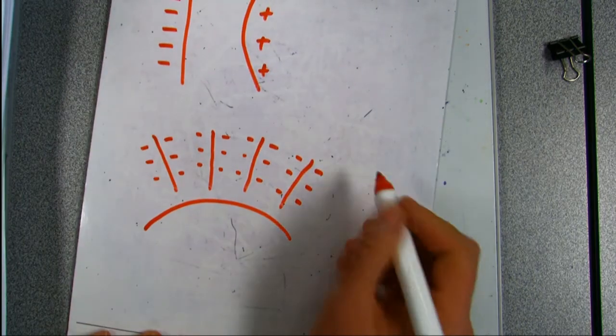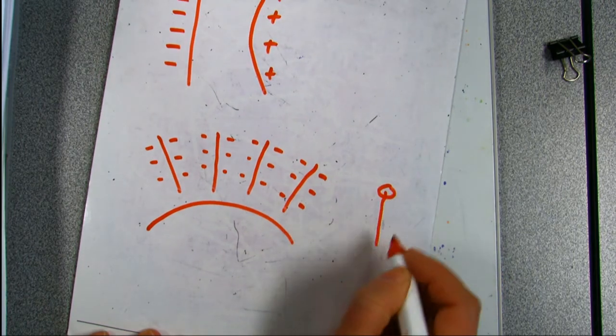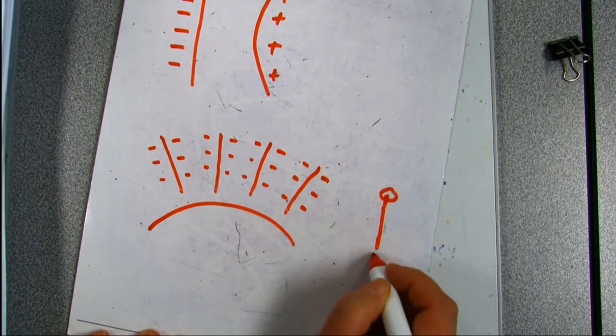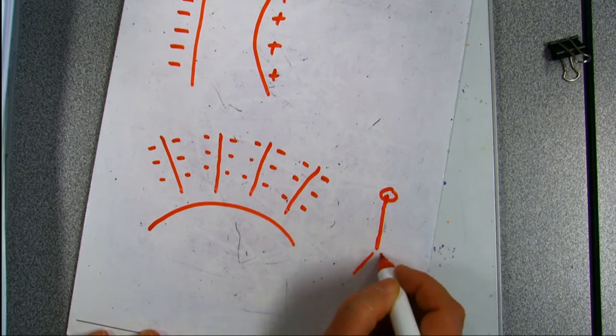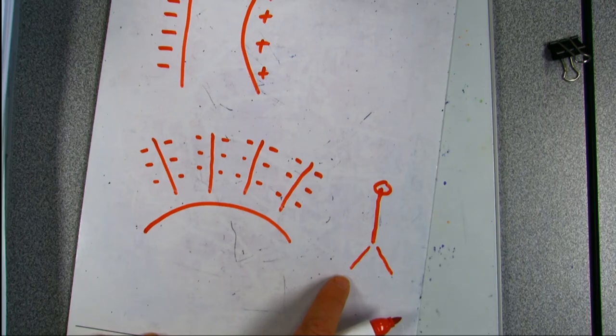One of the things that we do, there's a device that we have in the physics labs that has a metal piece, and at the bottom of the metal piece it has pieces of either silver foil or gold foil.